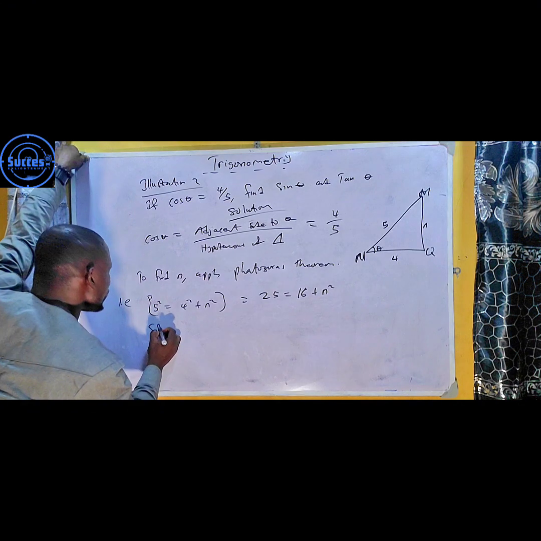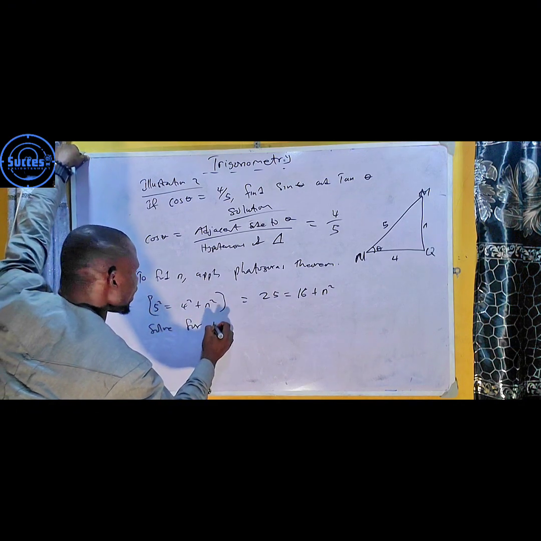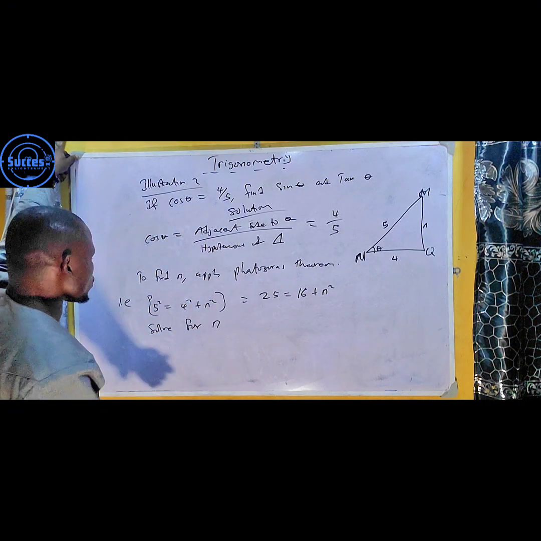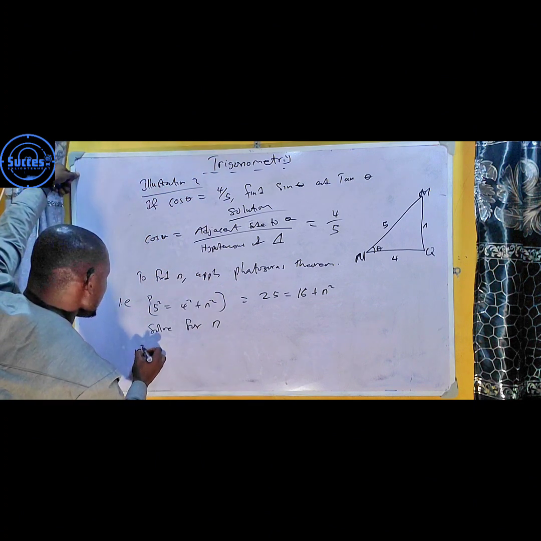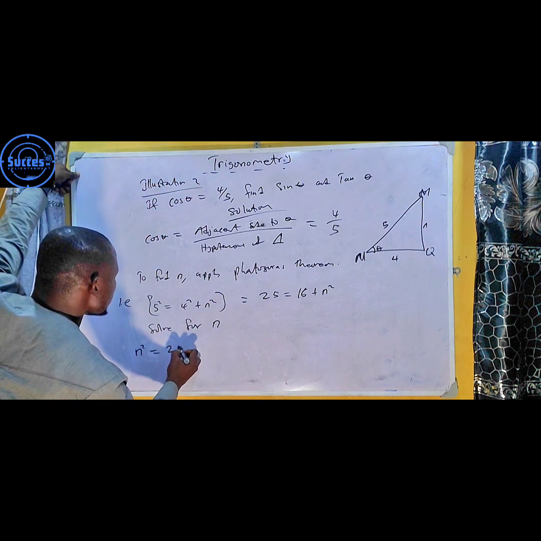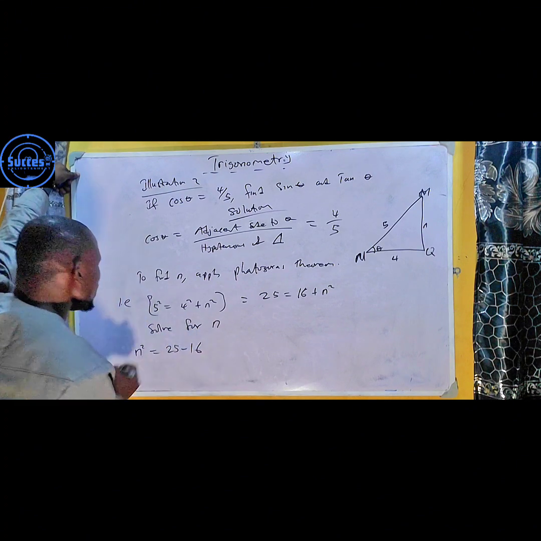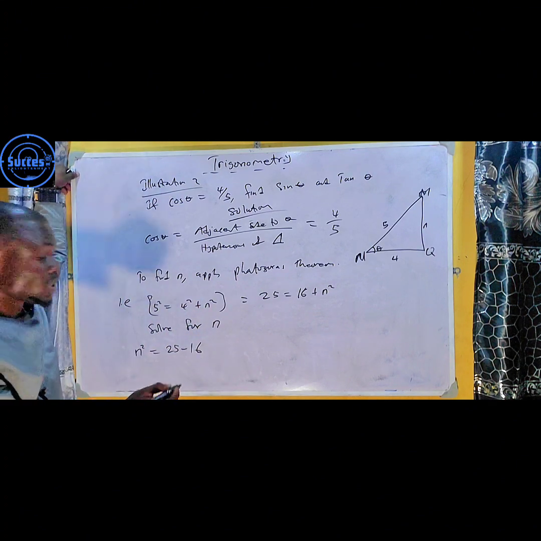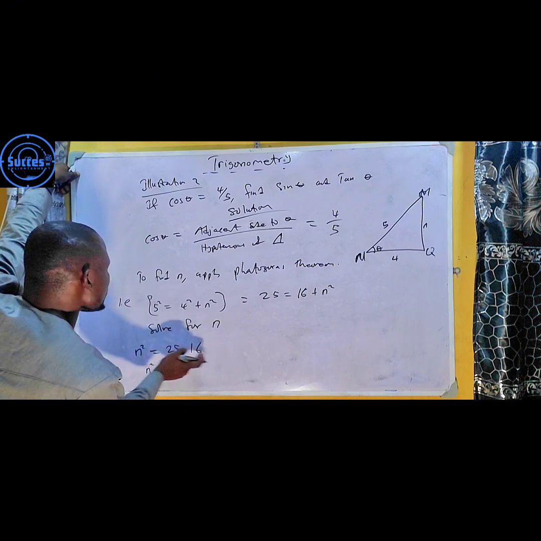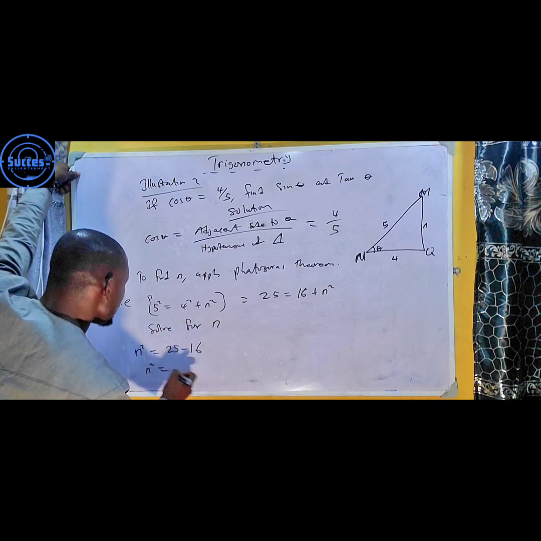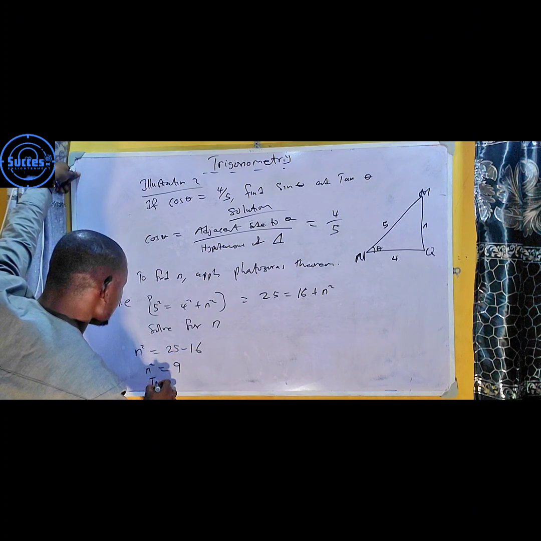So solve for n. To solve for n is the same thing as making n subject of the formula. Then n square equals to 25 minus 16, the same thing as subtracting 16 from both sides. This will give us 9. So take the square root of both sides.